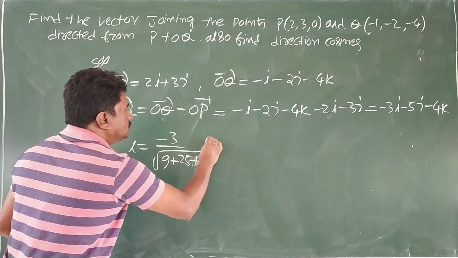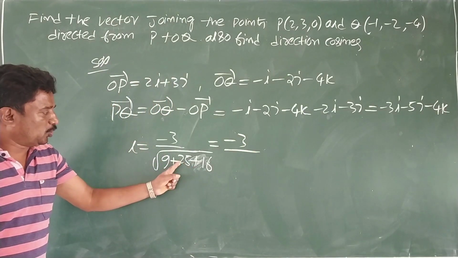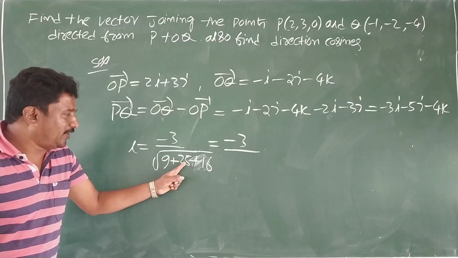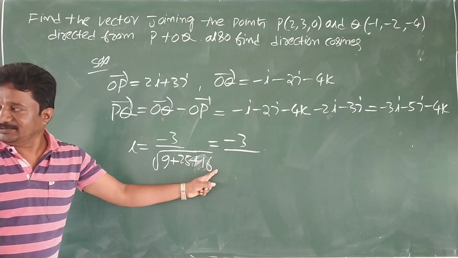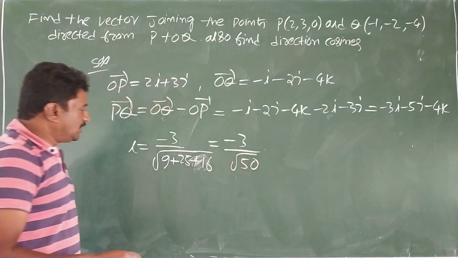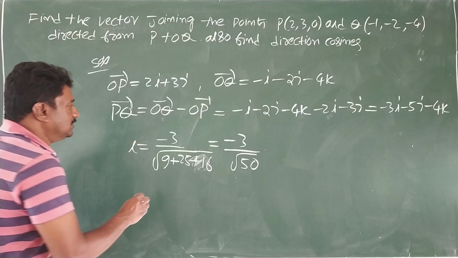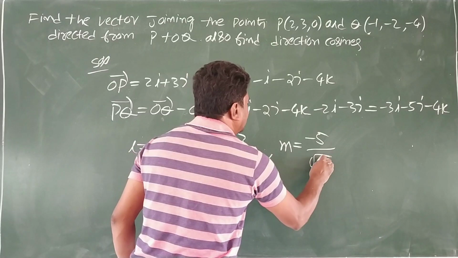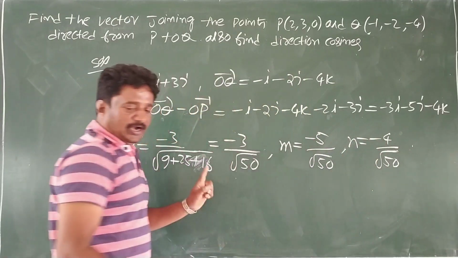Total it: 9 plus 25 is 34, plus 16 is 50. So root 50. Similarly, m is minus 5 by root 50, and n is minus 4 by root 50.